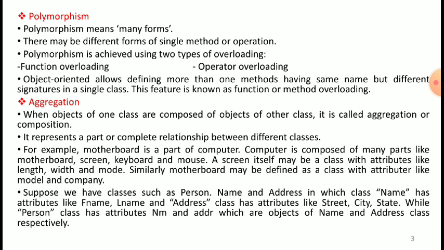Next is polymorphism. Polymorphism means many forms. There may be different forms of a single method or operation.